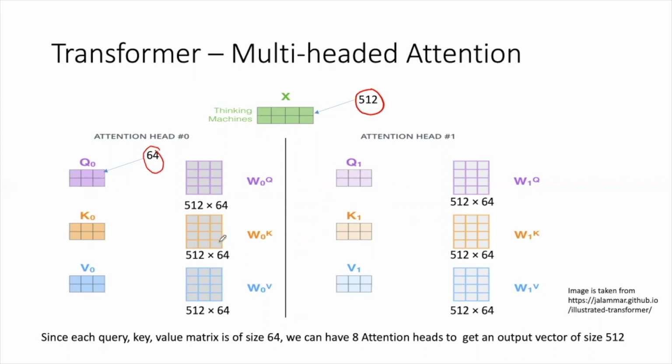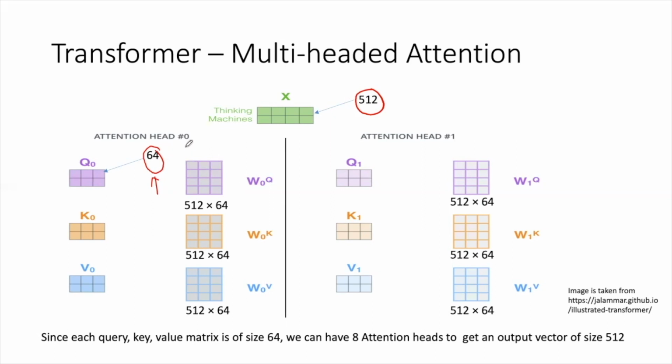Since we have reduced the dimensions, finally when we combine the value vectors and generate a contextual representation for each of the words, they will be of dimension 64, because we have reduced the dimension through these matrices. So there's a concept called multi-head attention, where we generate several such 64 dimensional contextual representations for every input word, and then we concatenate them.